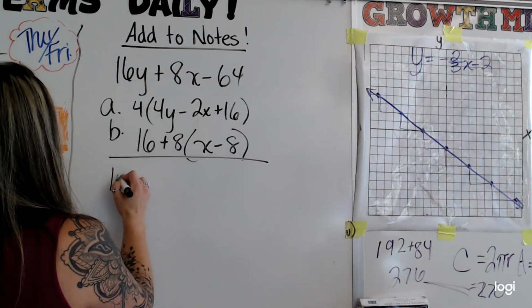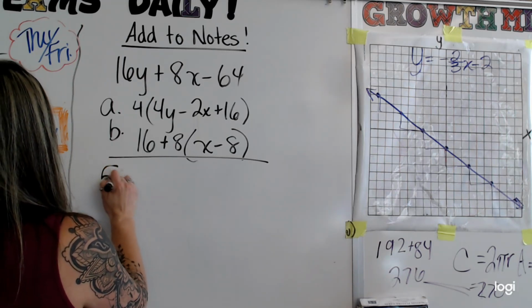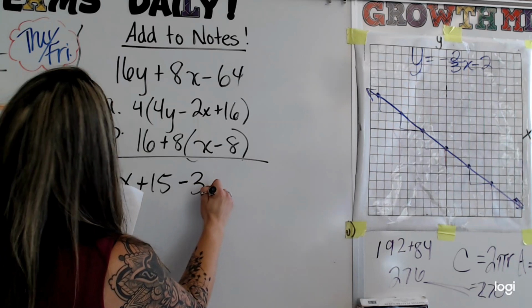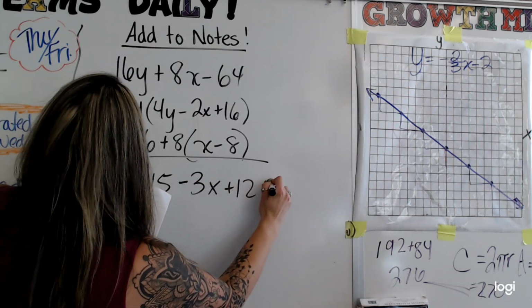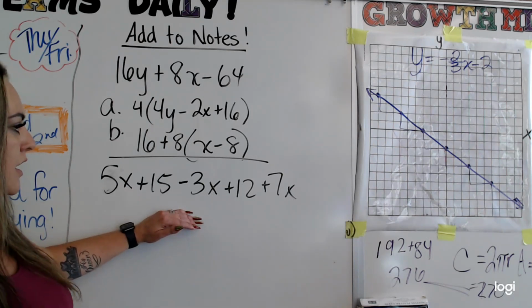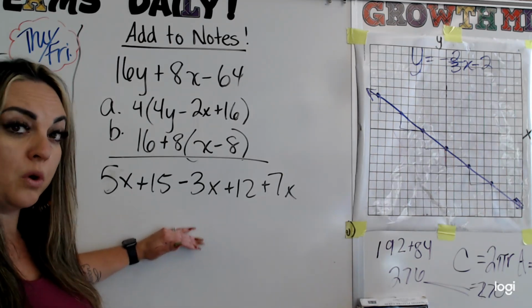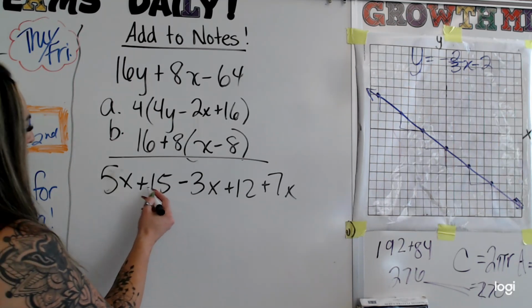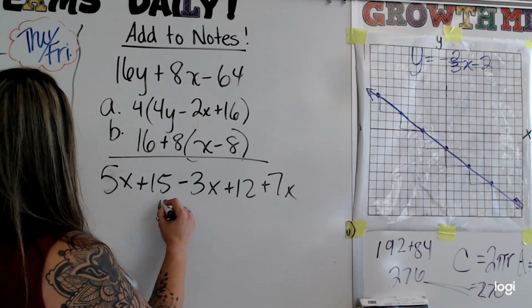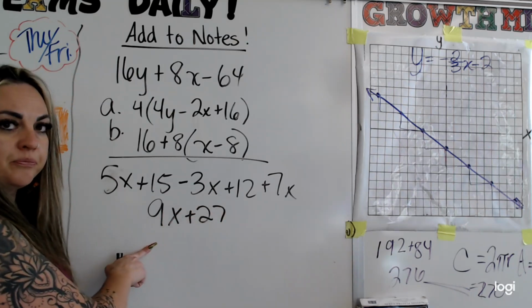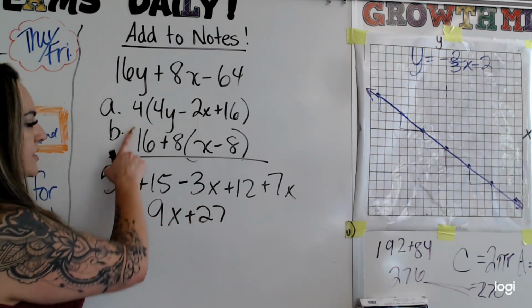You might have a long expression, and then you need to pick all of the ones or just one of the ones that is also equivalent here. So if we combine all these like terms, we're going to get 9x plus 27. There's more ways to represent that, just like up here.